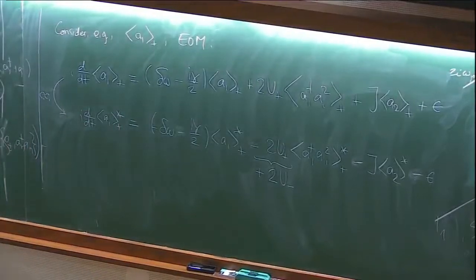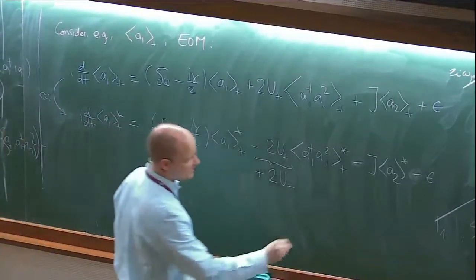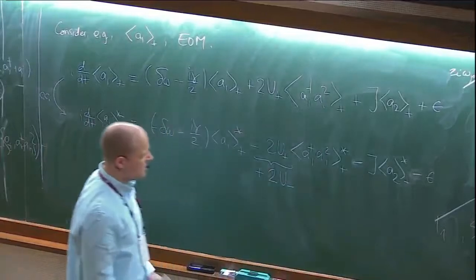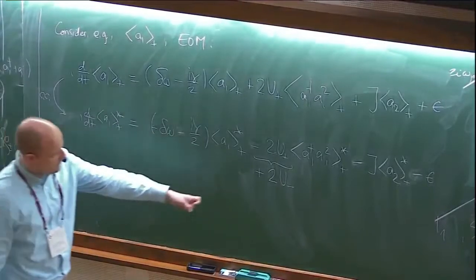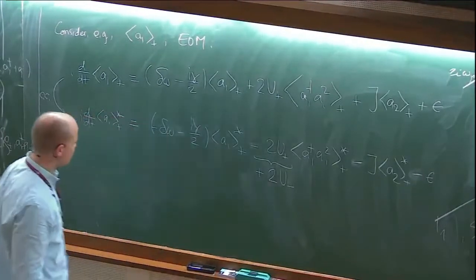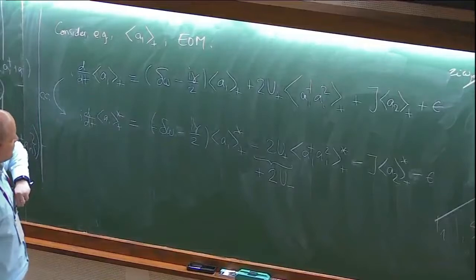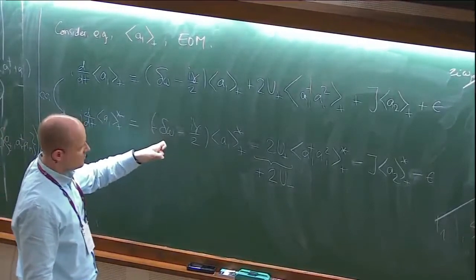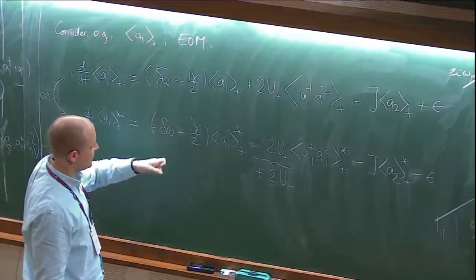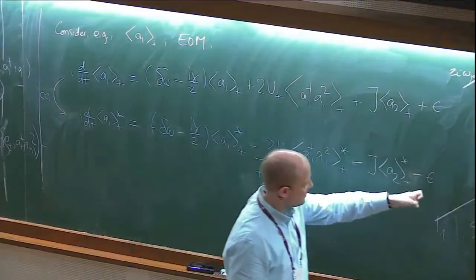And I'm pointing that out to emphasize that this equation here now looks very much like the equation that I would have written down if I had started with a negative u model, right? Except for the fact that I've switched signs of my Hamiltonian parameters delta omega, j, and epsilon as well.